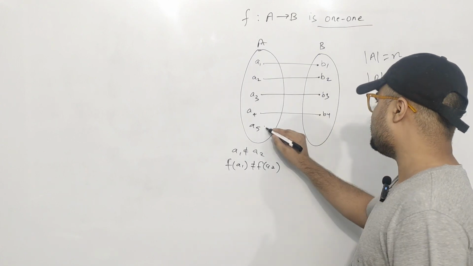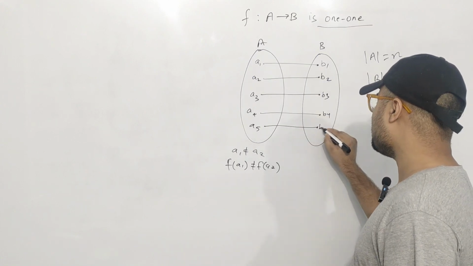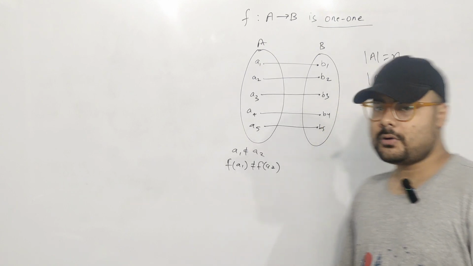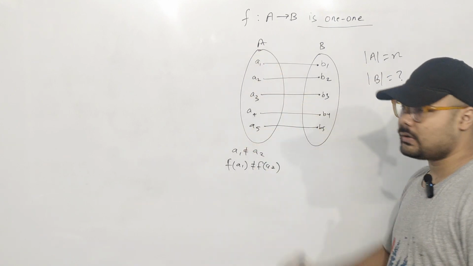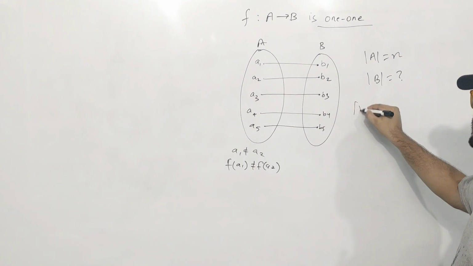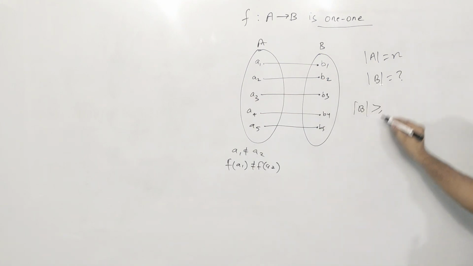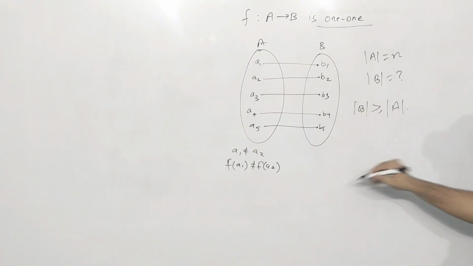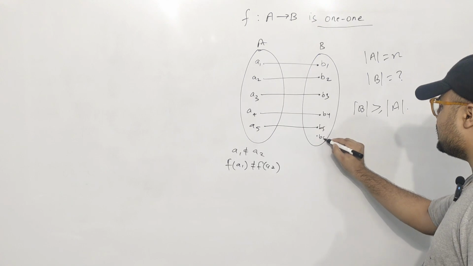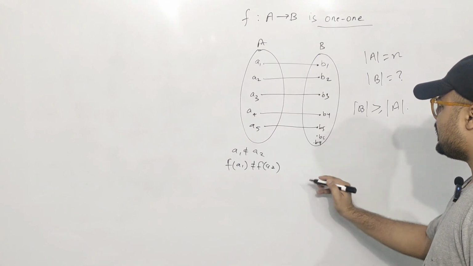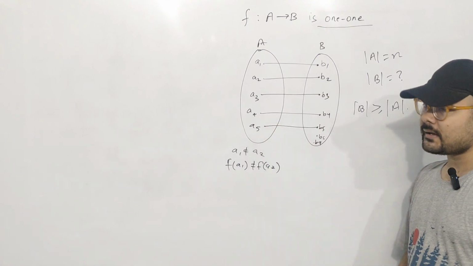So the minimum number of elements in B has to be equal to the number of elements in A. So the number of elements in B is greater than or equal to the number of elements in A, because there might be some more elements, B6, let's say B7, that have no pre-image in A.